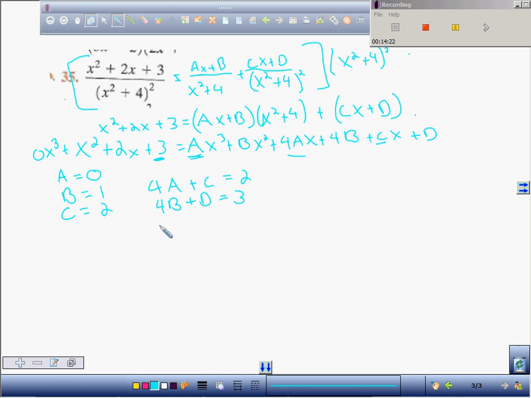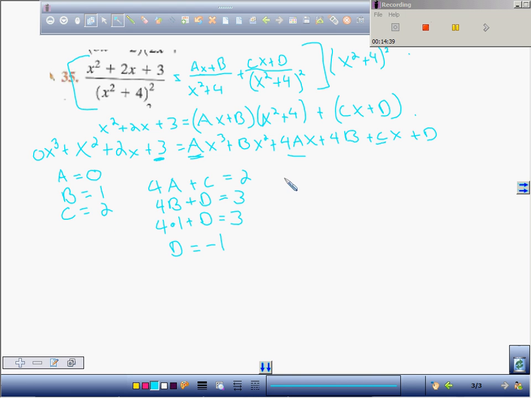And then I know b is 1, so I know 4 times 1 plus d equals 3. I know that d equals -1. See? Not so hard.